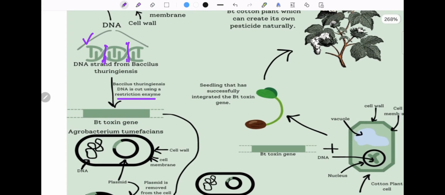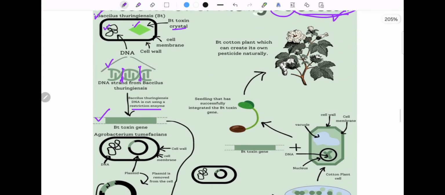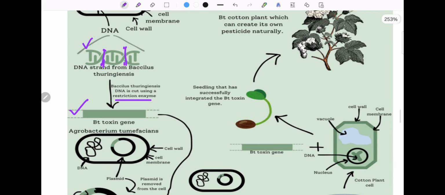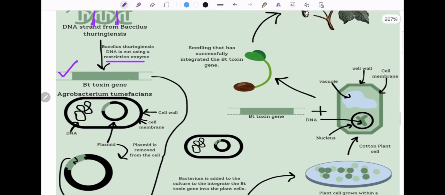So this is the Bt toxin gene, which has been identified with the help of restriction enzyme from the DNA of Bt, that means Bacillus thuringiensis. Okay, DNA is housing a chain of genes, but in that gene library, we need to choose which gene is responsible for making the Bt toxin. Okay, so that is the Bt toxin gene.